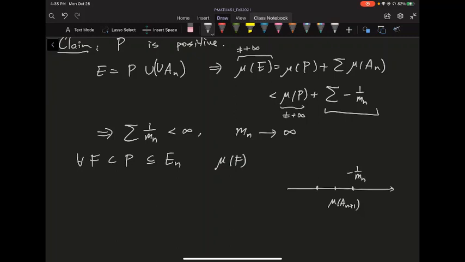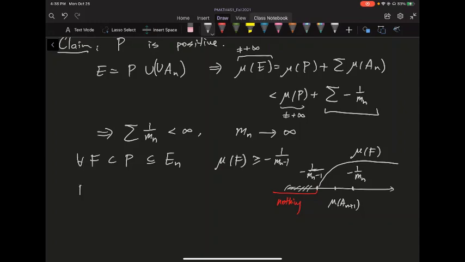So it's somewhere between 1 over Mn and 1 over Mn minus 1. Let's assume Mn is not 1. In other words, there's no negative value of mu inside this area, there's nothing in here. So the mu of F, because F is a subset of En, has to be greater than or equal to this range. The mu of F can only live in there. So this is at least negative 1 over Mn minus 1.